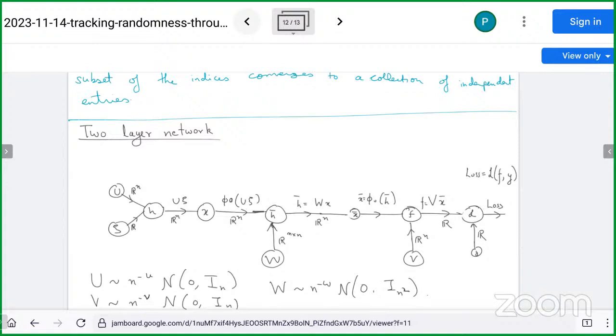And then it's like a multiplication with that of x bar, with phi prime.